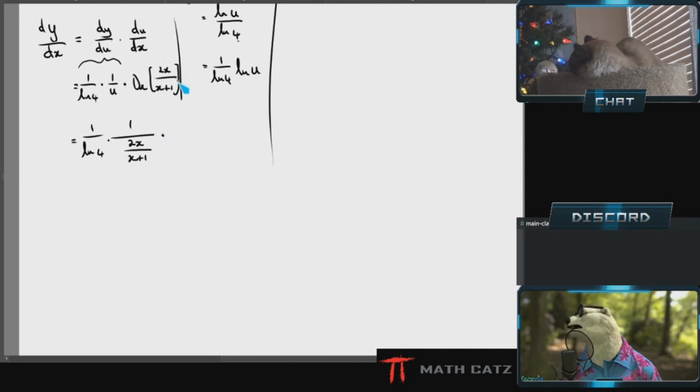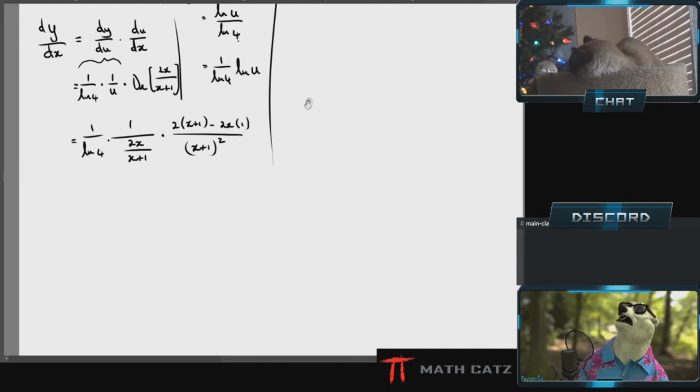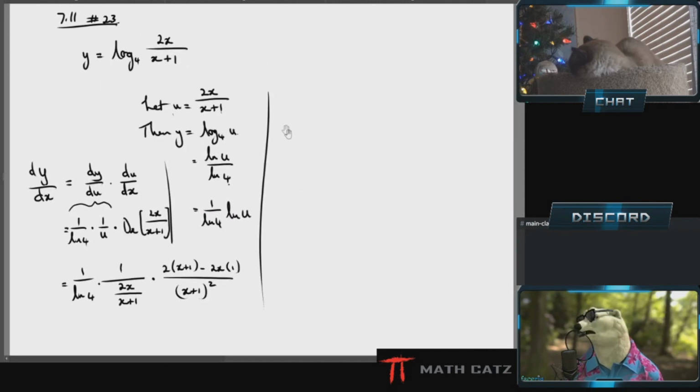Now I have to focus on the derivative of this guy. Quotient rule. Bottom squared. We'll just do it in one go. Derivative of the top times the bottom minus the top times the derivative of the bottom. You're done. Is that the best way to do it? No, absolutely not. Always look when it's a log function. Can I make this look better before going to the derivative?